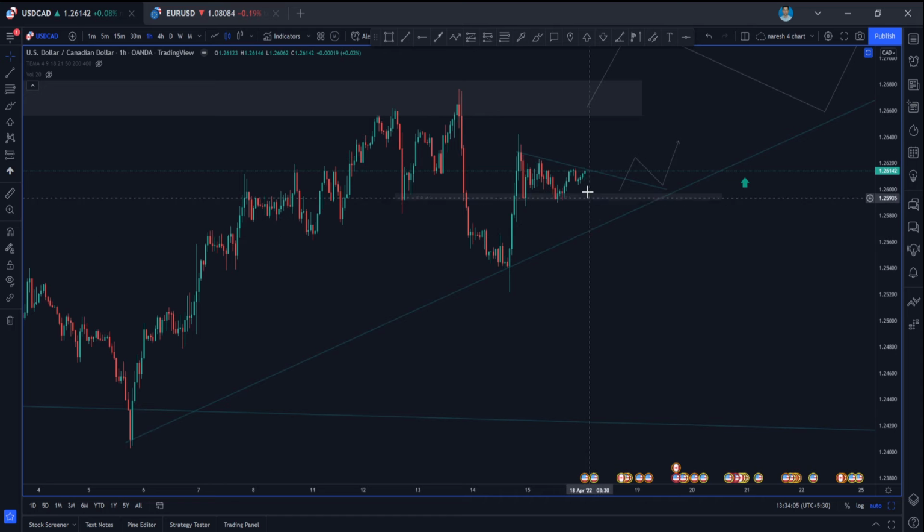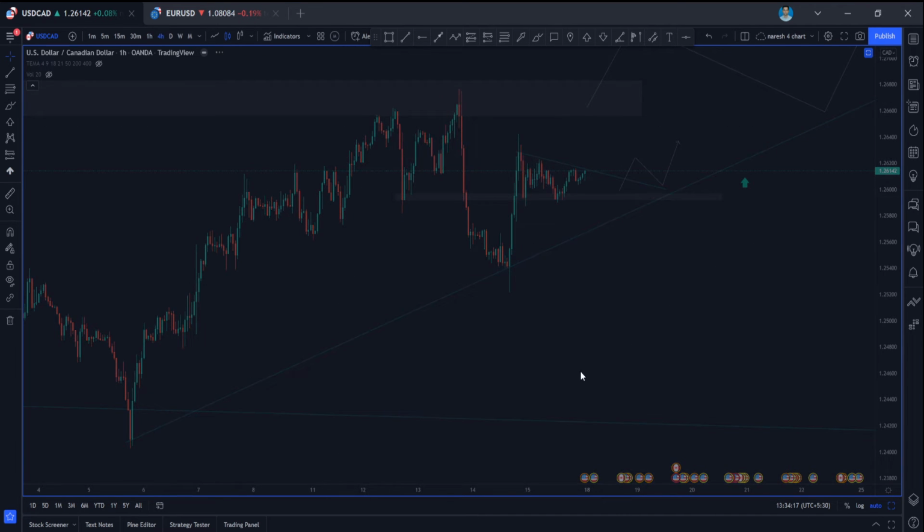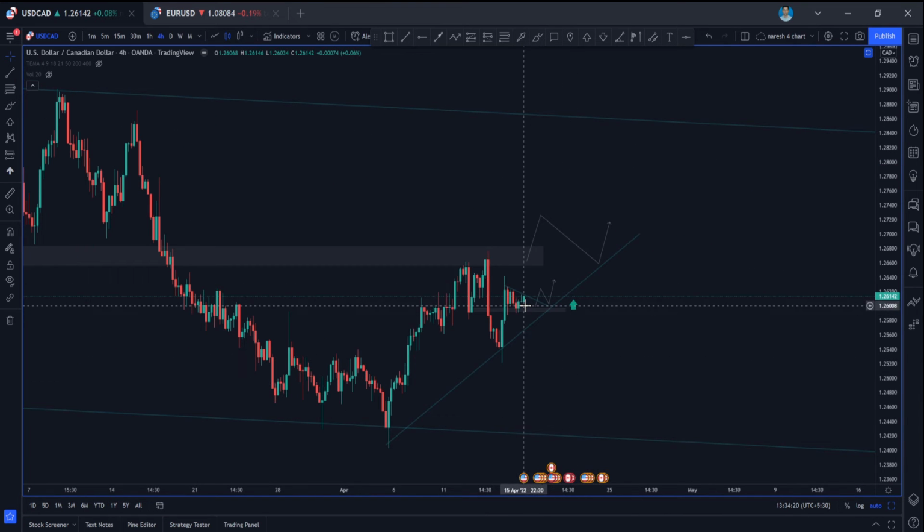So most likely the price will not move straight forward. Always the price will break out and return to this trend line, something like this, and then move up again. So I'm looking for only long entries, a good sign of a bull candle here and a retrace level, and I'm looking for a long entry from here, guys.